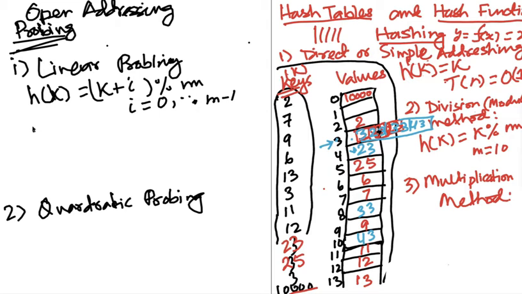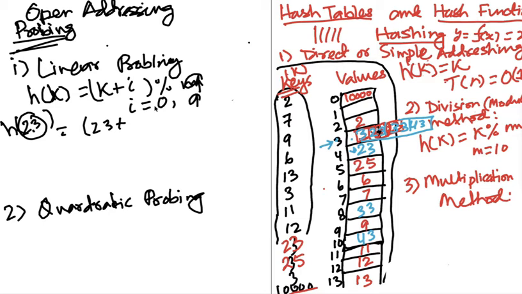So h of 23 equals 23 plus i, where i is 0 to n minus 1. Here we consider n equal to 10, so i will be 0 to 9.